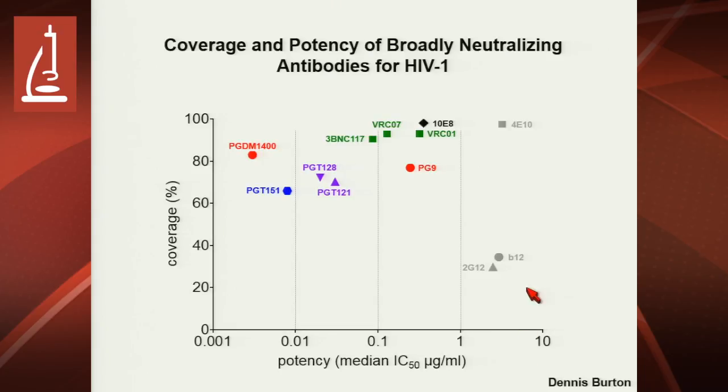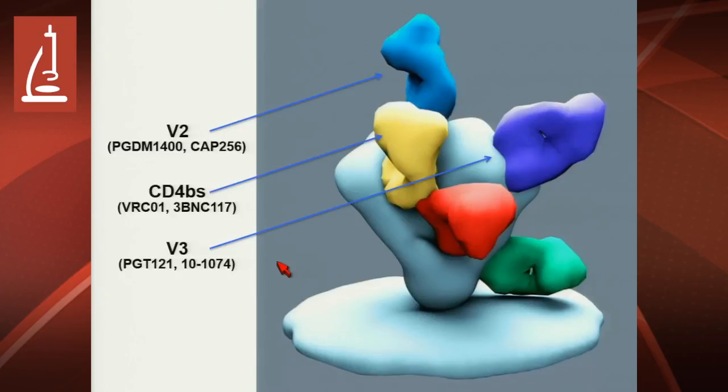Here in gray are the traditional broadly neutralizing antibodies for HIV that we had about 5 years ago. And over the last 5 to 7 years, now we have monoclonal antibodies that are 1, 2, and even 3 logs more potent while also maintaining substantial breadth compared with previous antibodies. So these now have the potency that they might be able to be viewed as pharmaceutical agents.